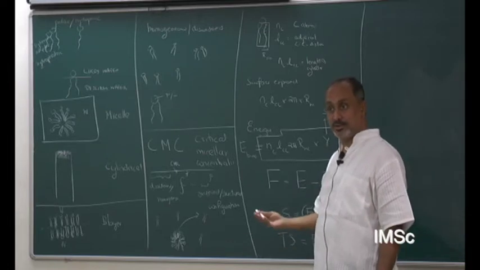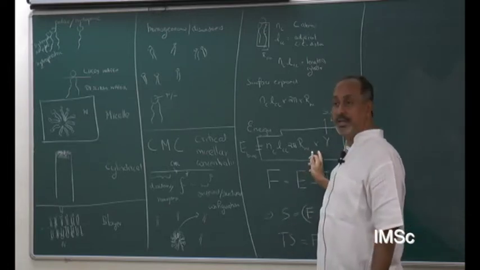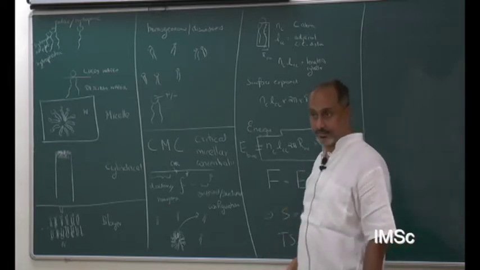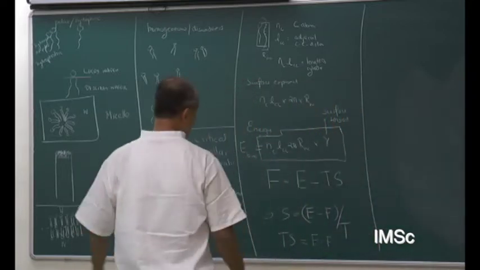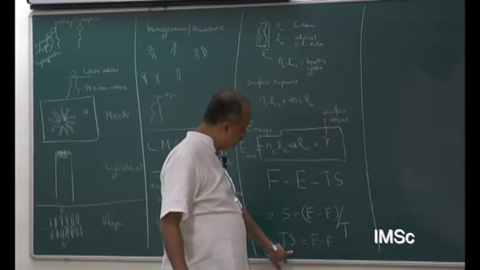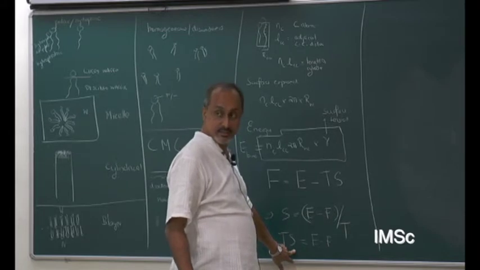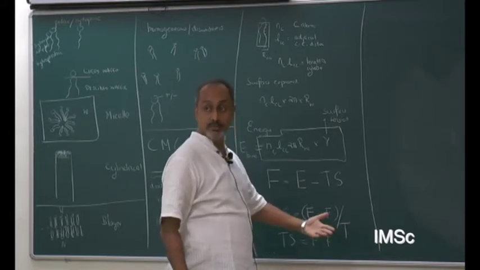If there are n molecules outside, I have to multiply this by n to find the total energy cost. Similarly, I want to evaluate the entropy term in order to insert it into the form T times S, and find the entropy per particle.